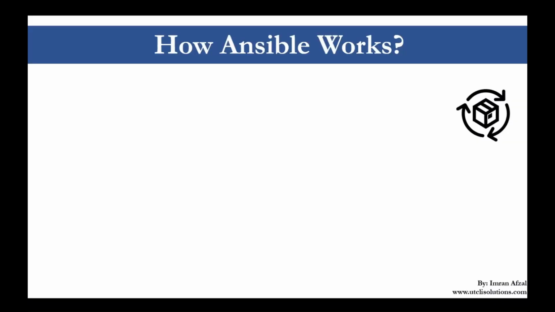In this video, we will learn how Ansible works. So we know until now that Ansible is used to automate our IT tasks. All right. The very first thing is each of those specific tasks in Ansible is written through a module or a group of modules.